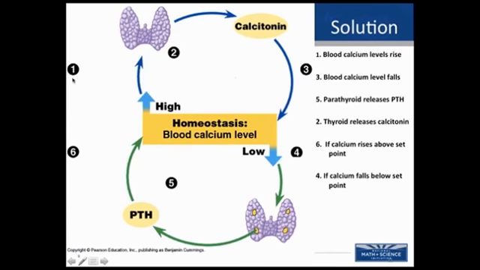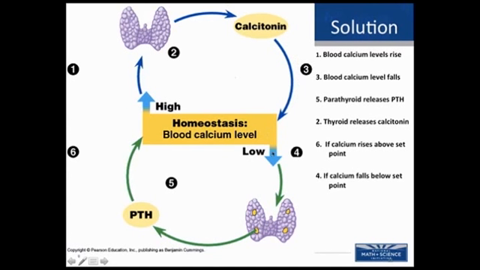We're at area number 1 in this representation. It indicates a blood calcium level rise. When that happens, the thyroid gland, shown at number 2, will release the hormone calcitonin. That's going to cause blood calcium levels to fall and return to a homeostatic level.